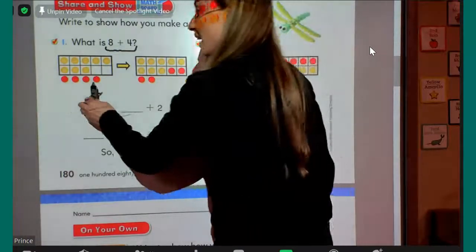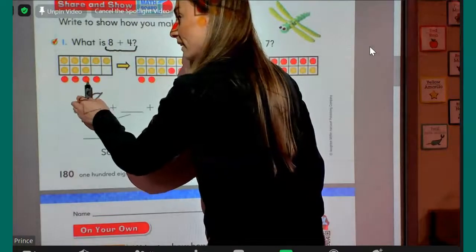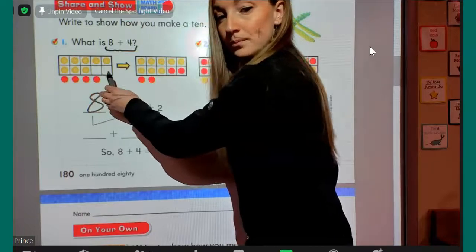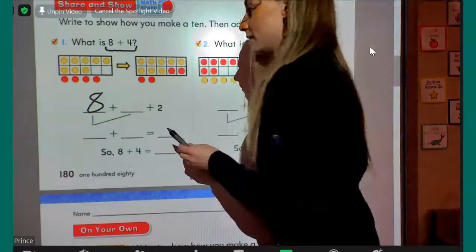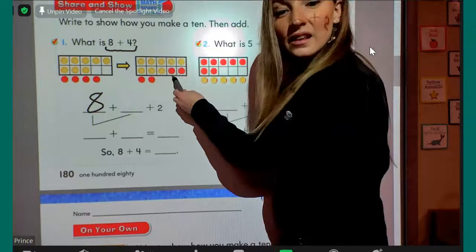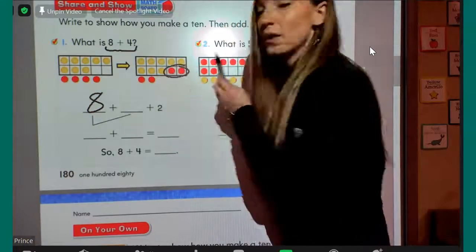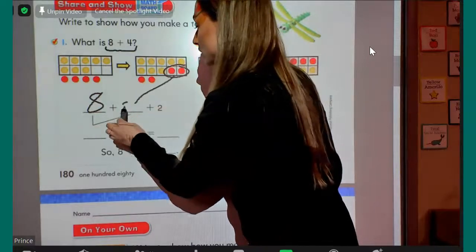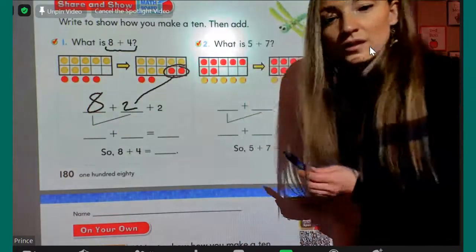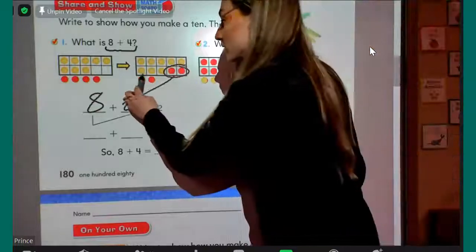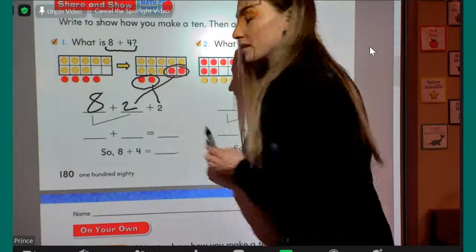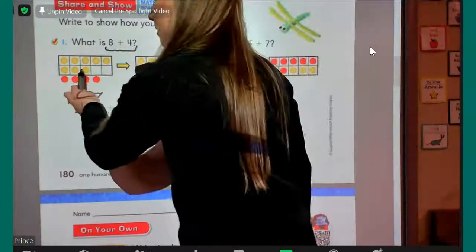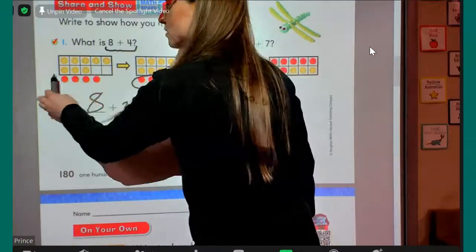But I want to take 2 of these red because there's room in there. Do you see how there's room? Yeah, we could put them up there instead. Exactly. So these 2 that we just put in there, we're going to say 8 plus 2. And then this 2 here is the extra. So we could do 8 plus 2 plus 2.